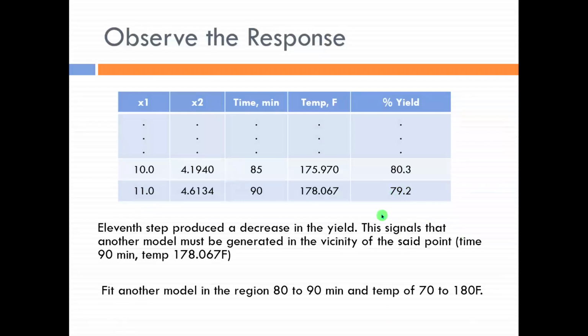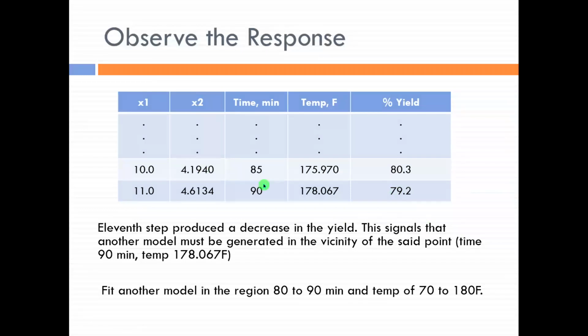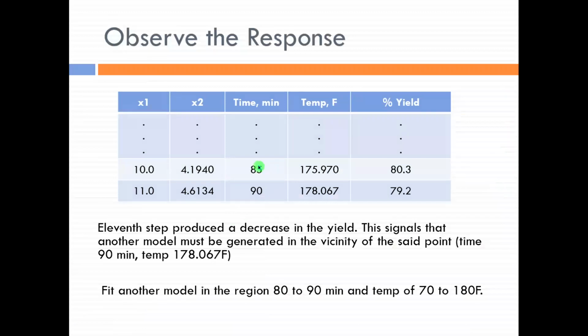So because of that, we set up a new region for investigation, and the new region entails na meron tayong new center point, which in this case is since it falls in between 85 and 90, then worthwhile na yung new region of investigation natin is 85 and 175 kasi doon siya biglang tumigil, no, dito. Ito yung highest point niya, tapos biglang nung nag-increase to 90, parang bumaba siya.